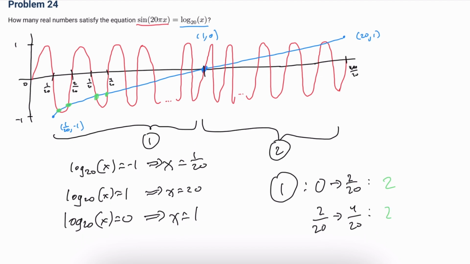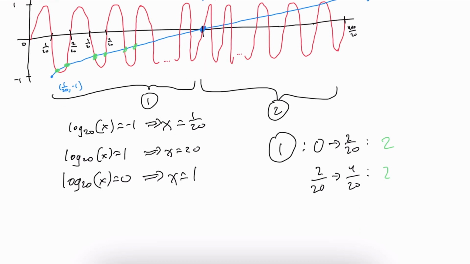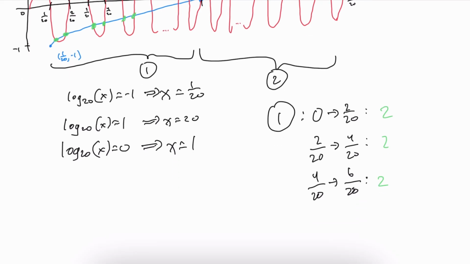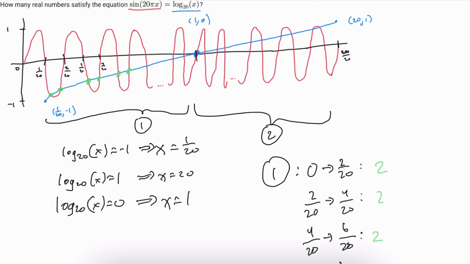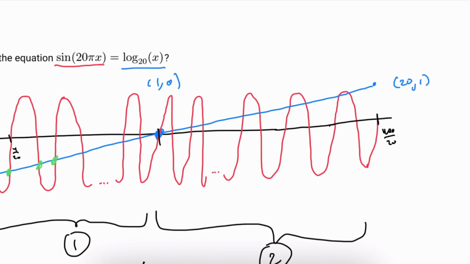That gives 2, and we can see this pattern continues for each period. For instance, the next period from 4 over 20 to 6 over 20, there are 2, and this will continue for each period until we get to this last period.